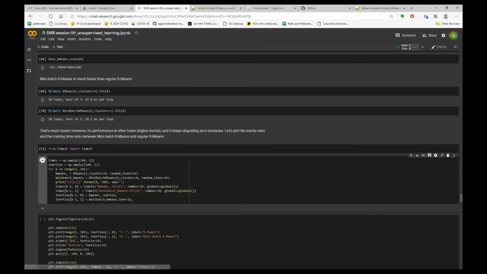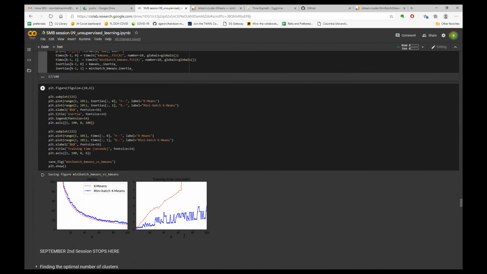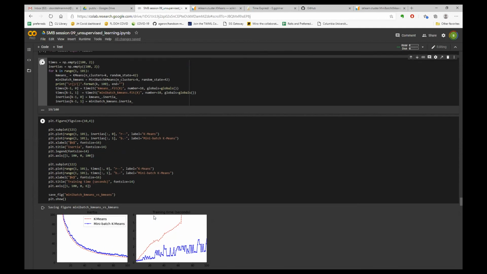So now we're doing 100 iterations here. And sometimes when you click these things, you kind of wish you didn't. Well, maybe we have a few seconds left.